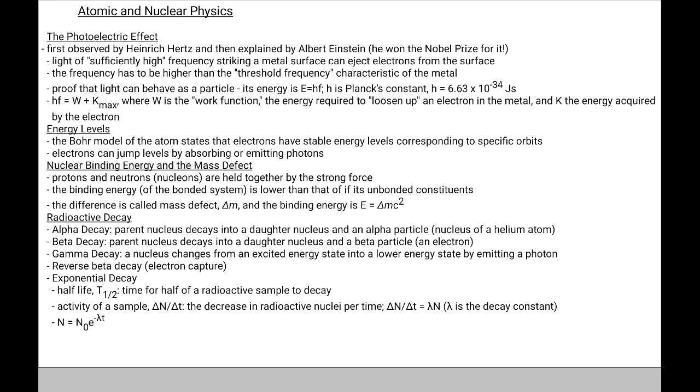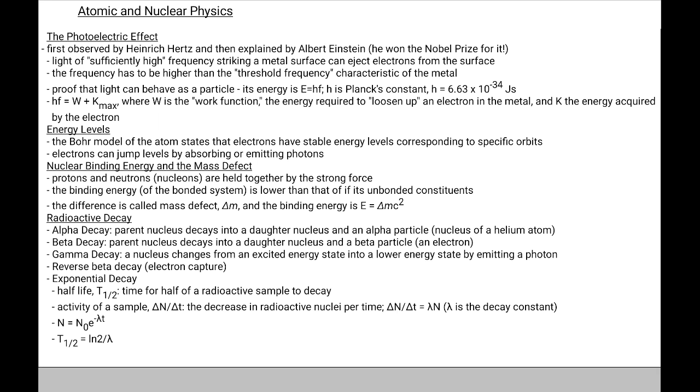And that number that remain is equal to the initial number times e to the negative decay constant times time. So that's where exponential decay comes in, because we're dealing with an exponent here. And the half-life is related to the decay constant. So T half-life is log 2 divided by the decay constant lambda.